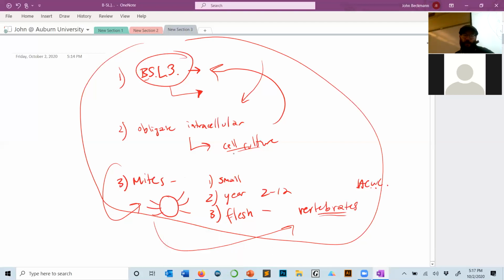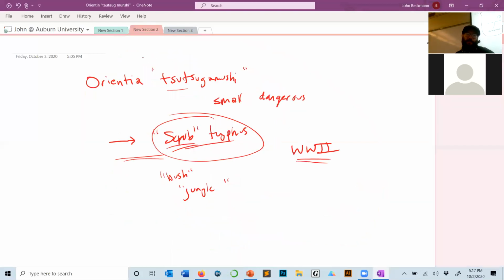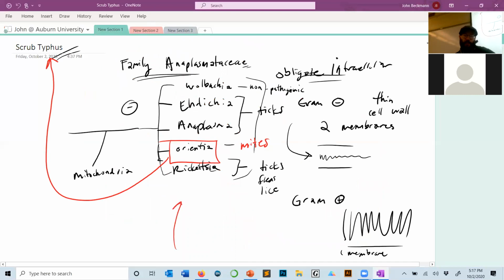Okay, little quick review. Back to this grouping. What's unique about Orientia and Rickettsia in comparison to Anaplasma, Ehrlichia, and Wolbachia? So what's unique about this group compared to this group? Where they live? What's different?